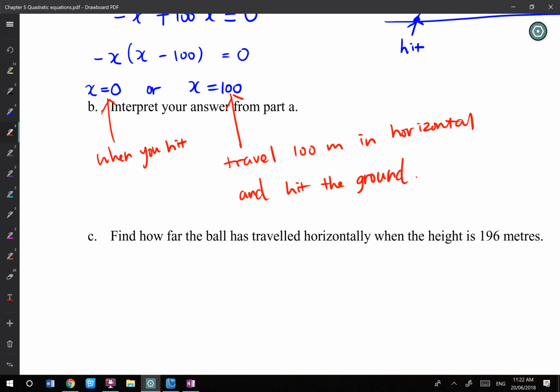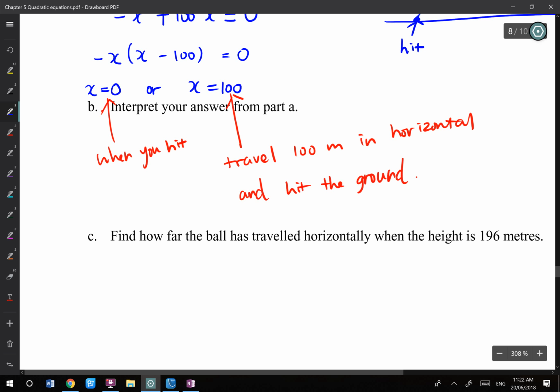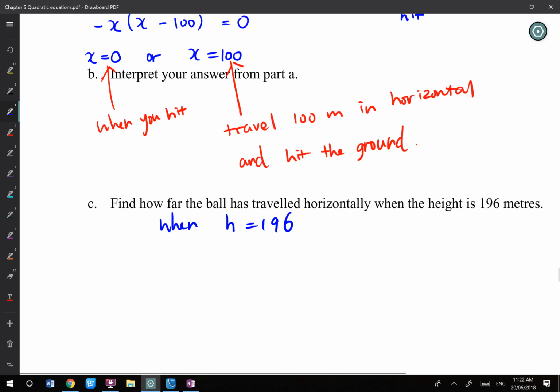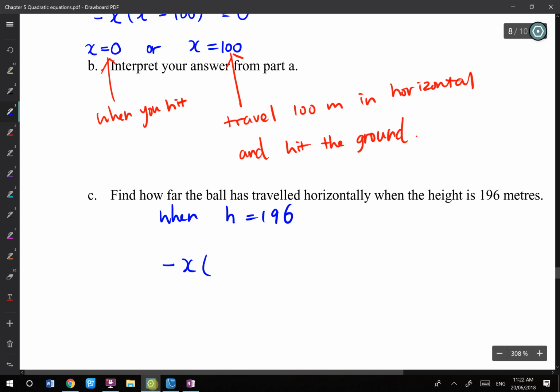C. Find how far the ball has traveled horizontally when the height is 196 meters. So when h equals 196 meters, what's the horizontal distance? I can just make minus x squared plus 100x equals 196.